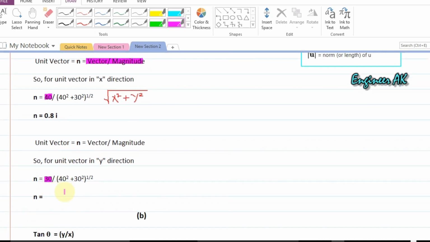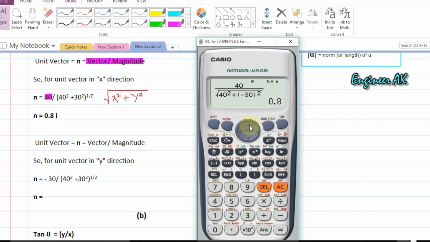It's not just 30, it's minus 30. So minus 30 divided by under the root 40 square plus 30 square gives the unit vector in the y direction. Let's plug in the value in the calculator.